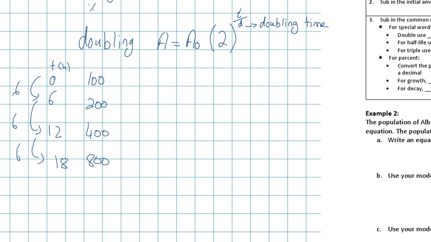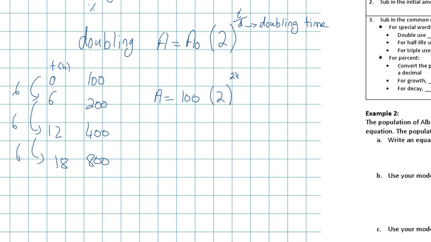And then if I ask you, what would your population be after 24 hours, right? So what you do, you go like this. A equals, initial is 100 because that's what I'm starting with, times 2 to the power of 24, because the question is asking what would your population be in 24 hours, right?